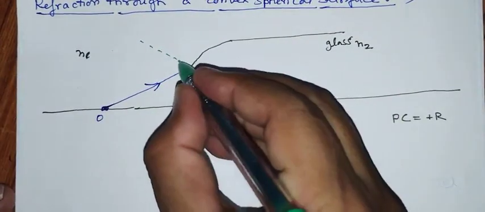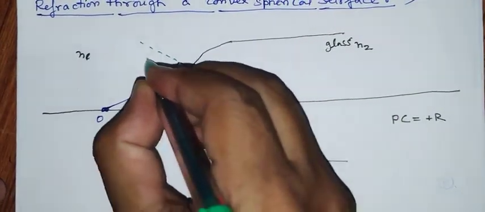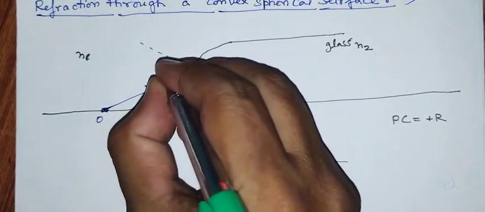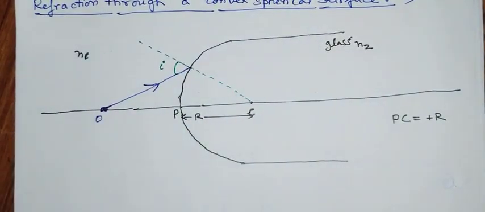In that condition, this becomes the angle of incidence i on the spherical surface.